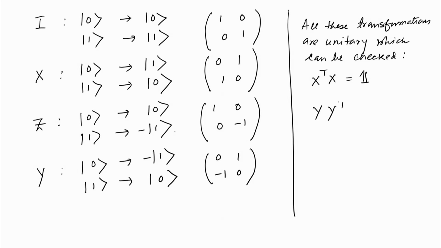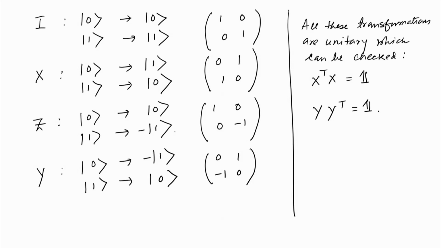Similarly, a y transpose also gives a unitary matrix, and so is true for others. So, these are some of the things that are the single qubit gates that are important.